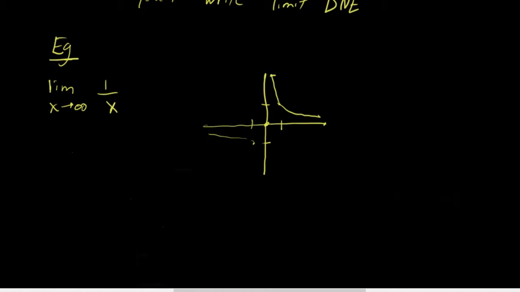So 1 over x looks kind of like this. This point here is (1, 1). This point here is (-1, -1).